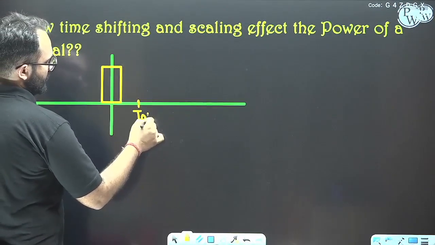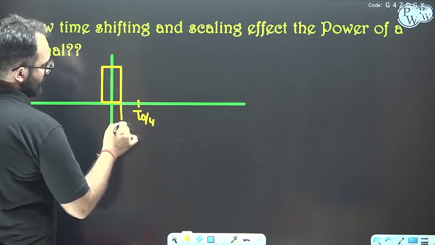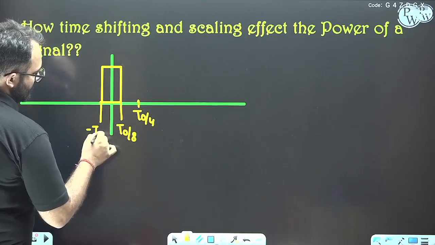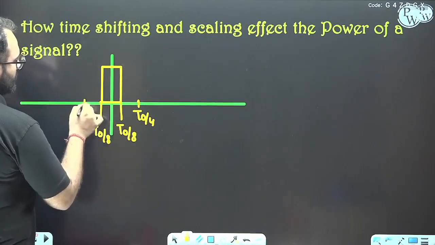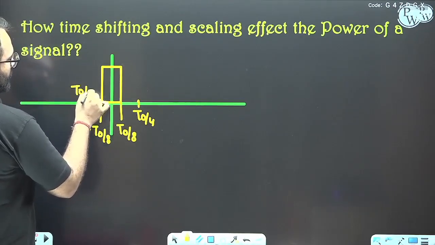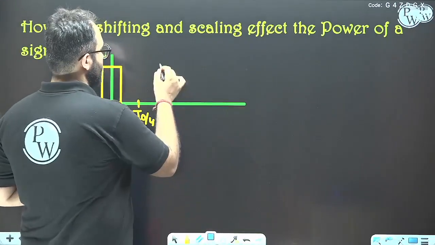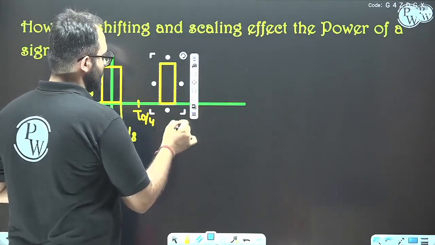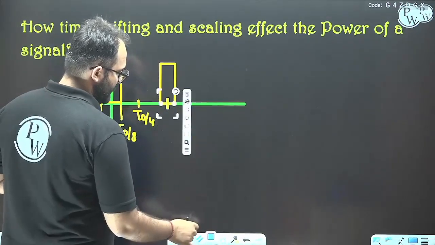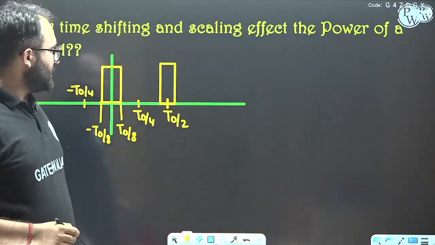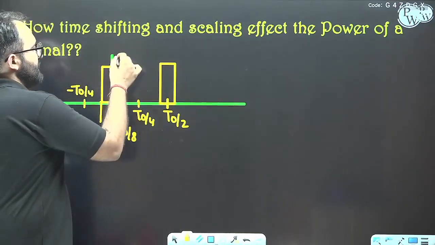This will become T naught by 4, this location will become T naught by 8, this will become minus T naught by 8, and so on. The same rectangle will repeat at T naught by 2, and again it will repeat. The height will not change by scaling.